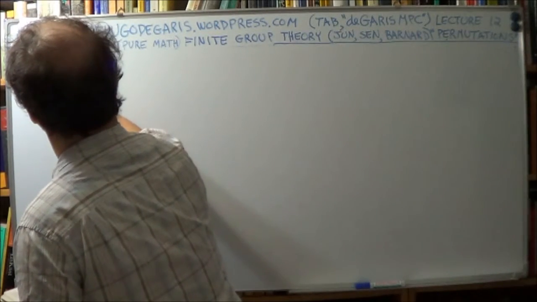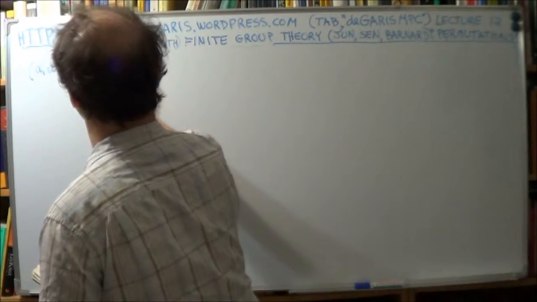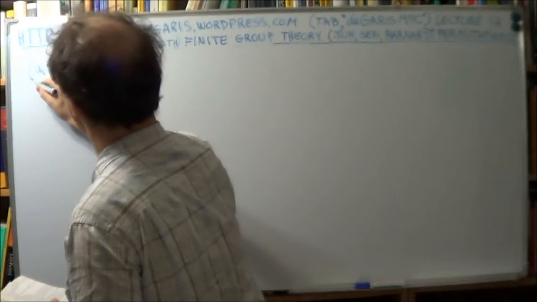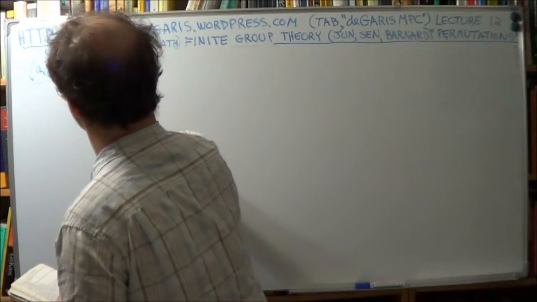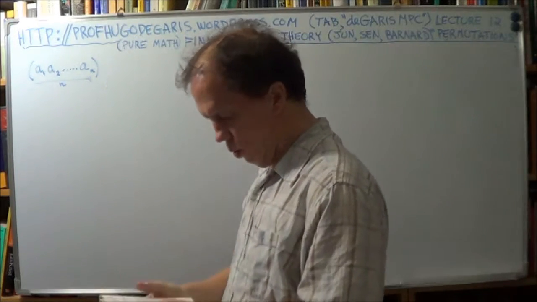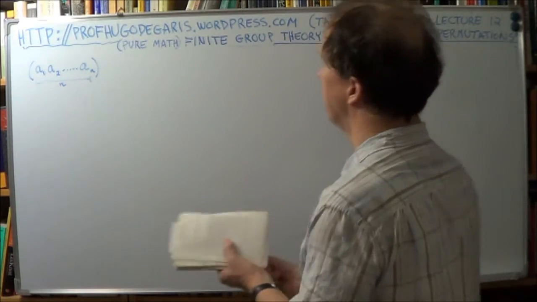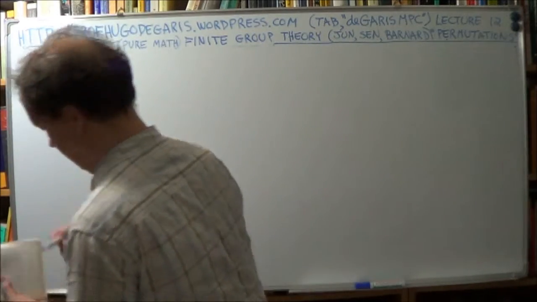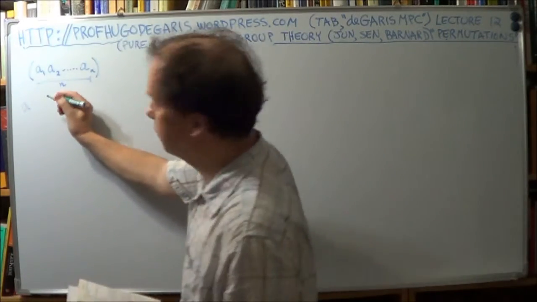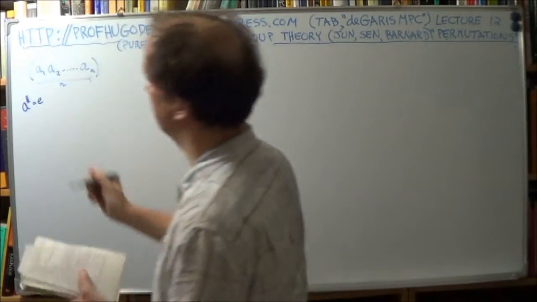Alright, so here's a sort of generic cycle, right, of that form, and its length is n, so let that be n, and you have to show that its order, now that's the order of an element, right, and remember the order of an element is the smallest positive integer k, so that a raised to the power k is equal to the unit.